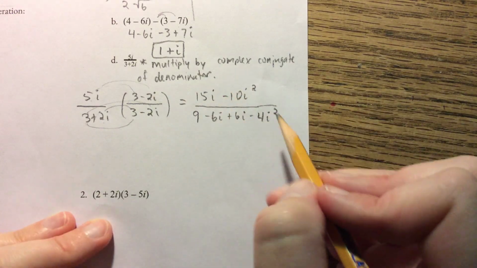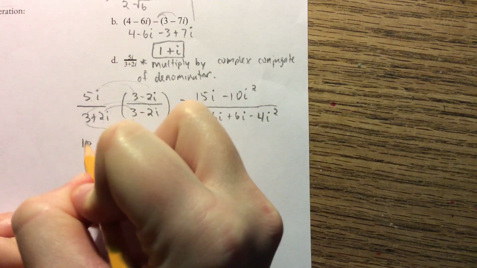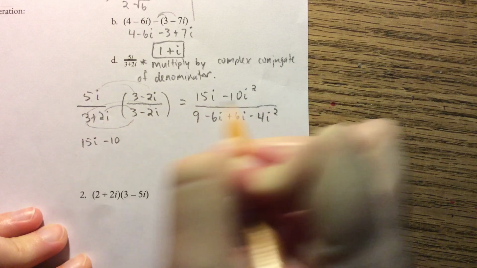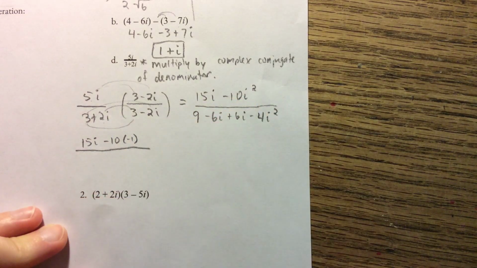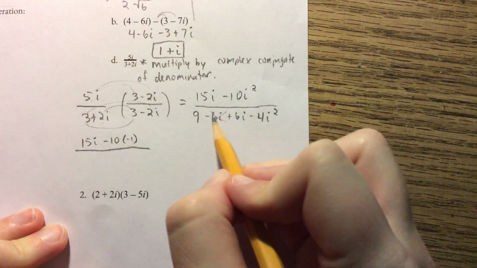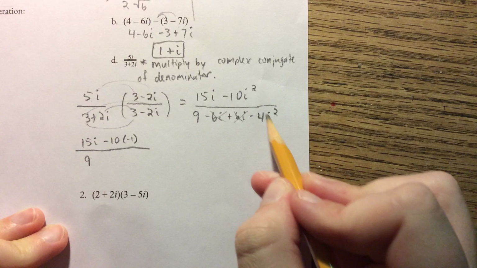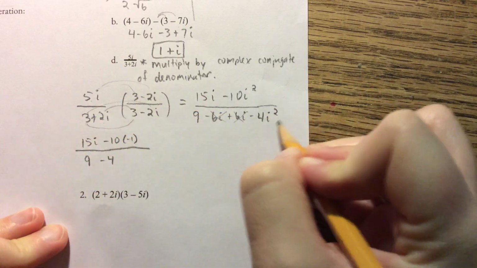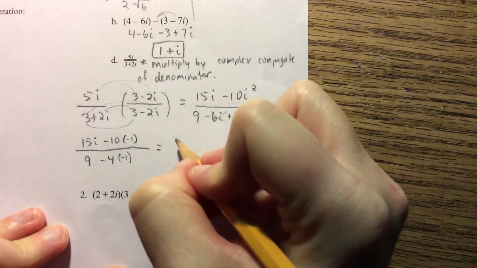And now we're going to simplify all this stuff. So if I come down here now, I have a 15i minus 10i squared. The i squared, whenever you see that, is negative 1. Denominator, these cancel out. That's really handy. So now I have a 9, and I have a minus 4, and I'm going to replace that i squared with another negative 1.